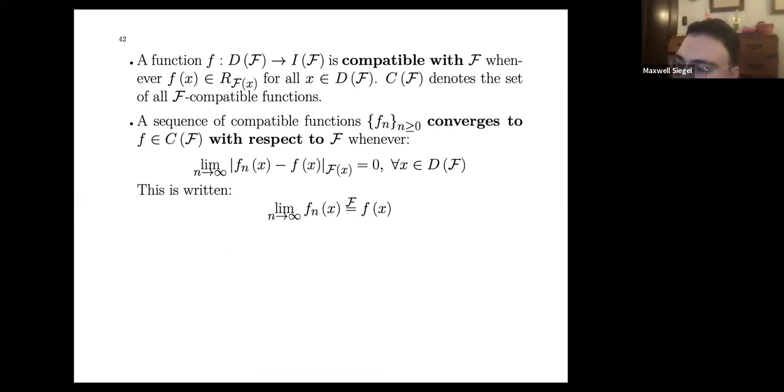A sequence of compatible functions converges to a compatible function with respect to F whenever the limits occur pointwise. That is, f_n of x converges to f of x in the topology of the absolute value specified by big F of x for all x in the domain of big F, and I write this like so.